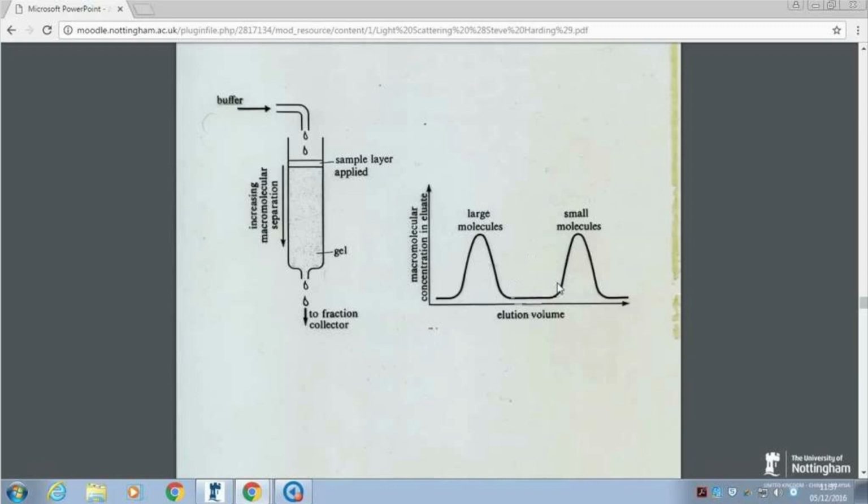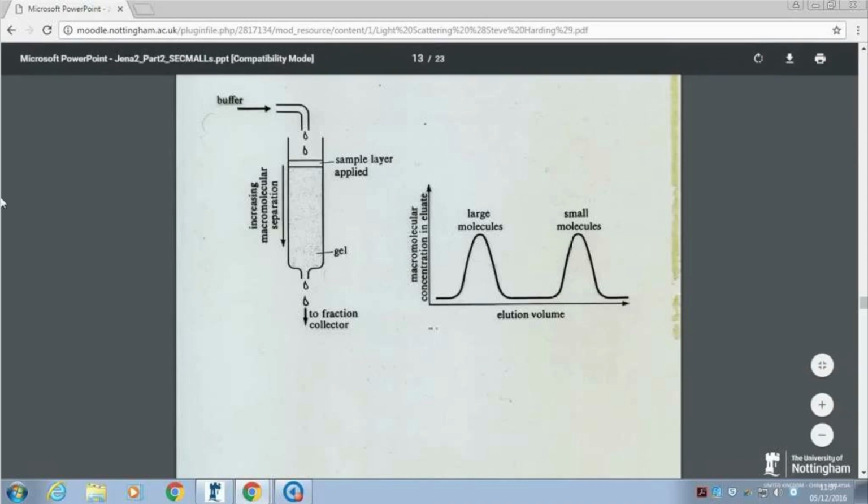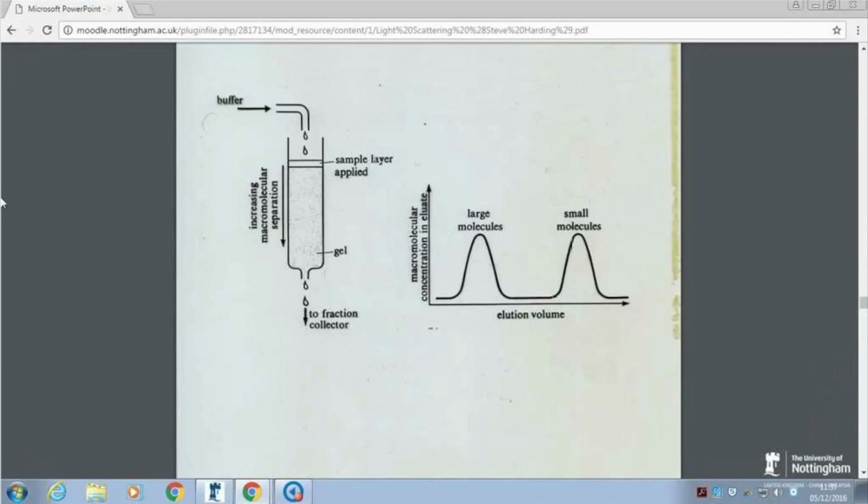That's calibrated gel chromatography. Did Guy mention that? He did. He mentioned K-av and all this sort of stuff. Yeah. That's okay, so long as your calibration standards have a similar conformation to the molecules you're trying to find out about.